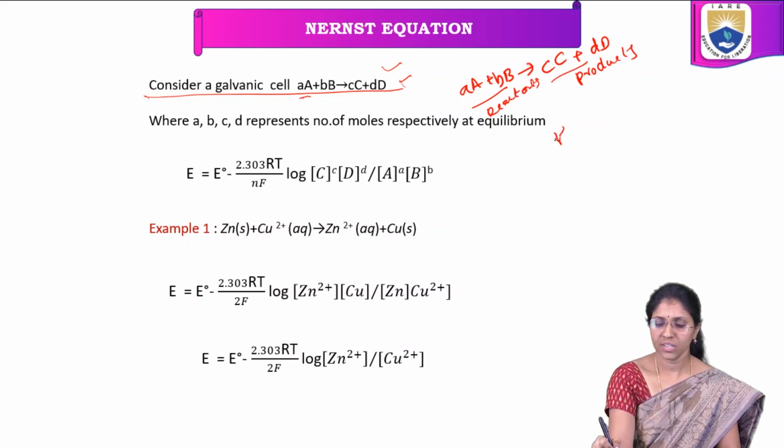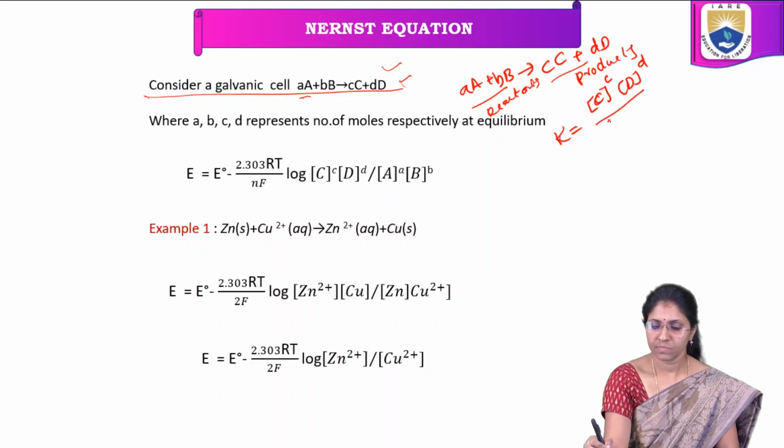So we know that K equals concentration of products by concentration of reactants. Here the concentration of products are capital C to the power small c, capital D to the power small d, and capital A to the power small a, capital B to the power small b. So this is the equilibrium constant.